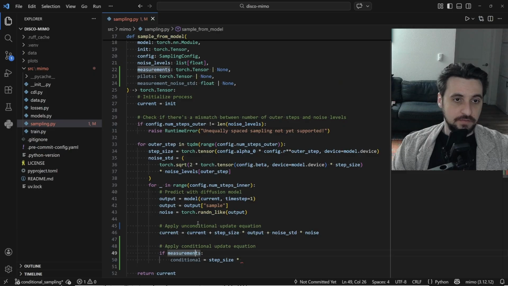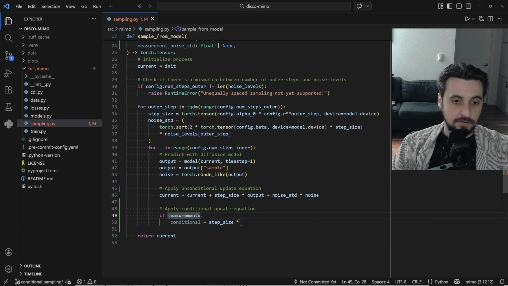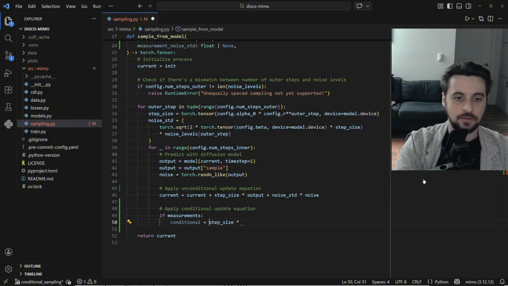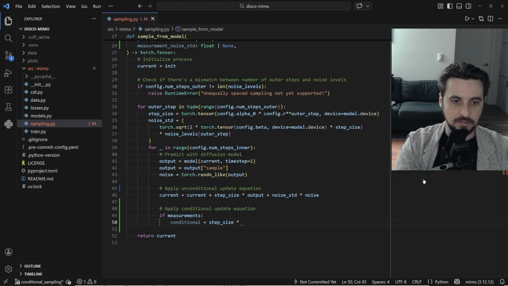So if we have the measurements, this will be negative because we want to take a step in the, well, no, let's leave it positive. We'll update it. And then our current will be current minus conditional.